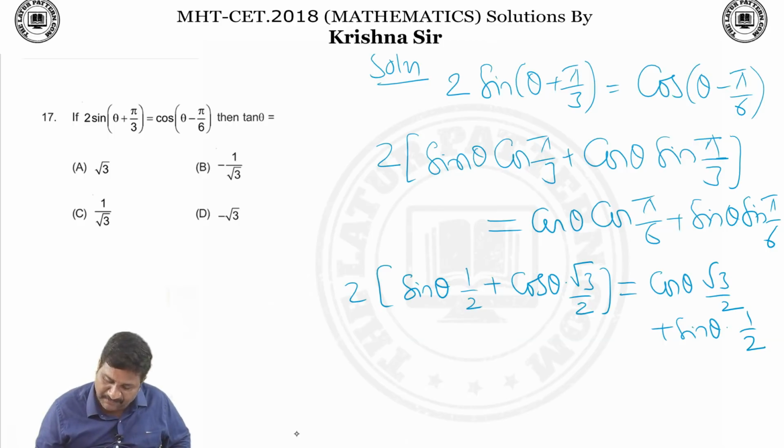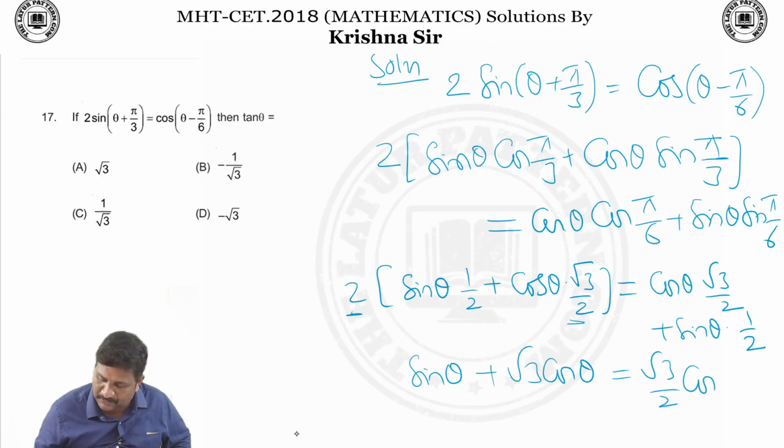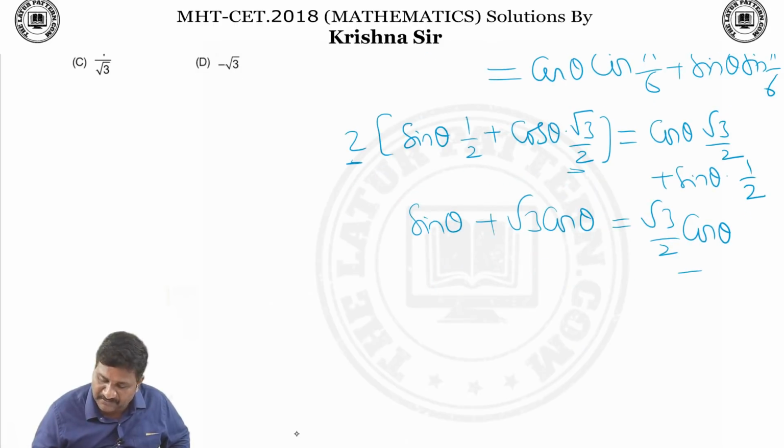Now we simplify. Here 2 will get cancelled inside sin theta, here 2 will get cancelled, root 3 cos theta, here root 3 by 2 cos theta plus 1 by 2 sin theta.